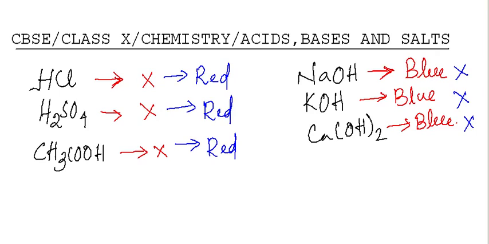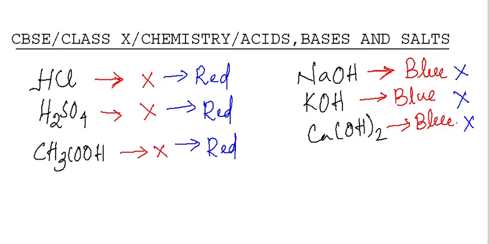So what we can conclude from this experiment, that if you take the litmus solution or litmus paper with acids, the blue litmus turns to red in case of acids and the red litmus turns to blue in case of bases. So by taking this litmus paper or litmus solution, we can identify the acidic and the basic solutions in the lab.